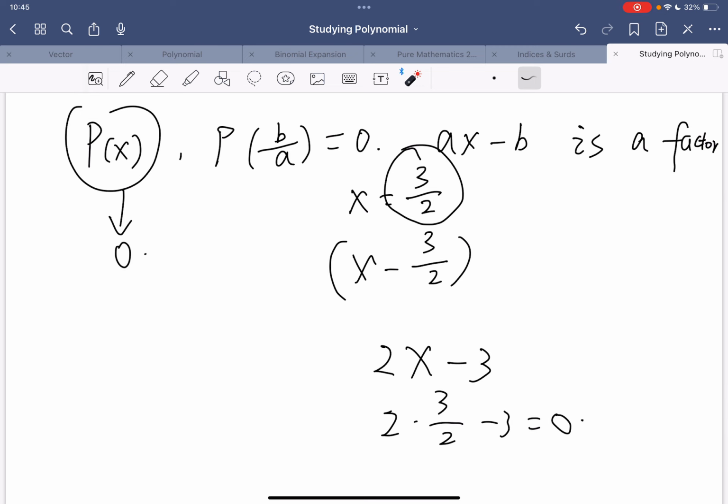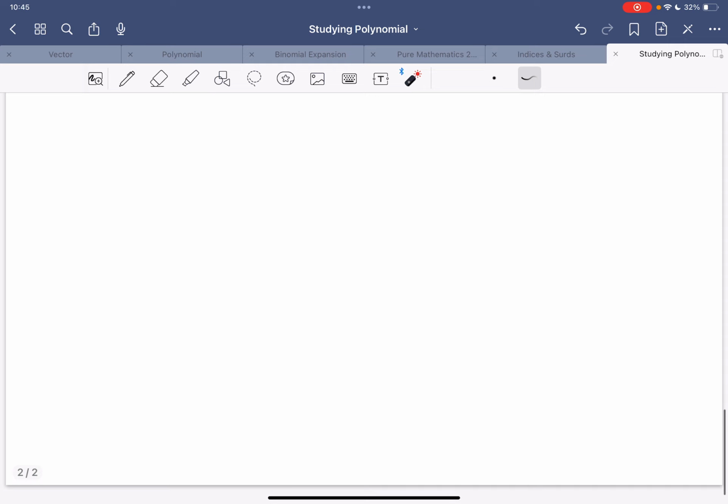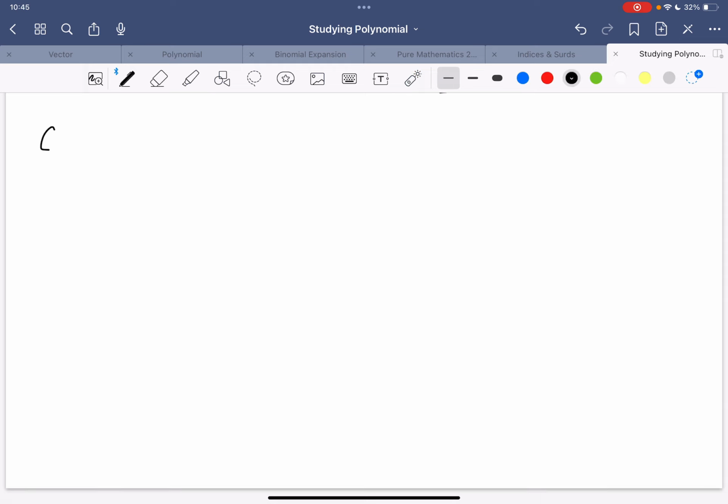And next, we should take a look at cubic expressions and equations. So how to solve cubic equations? For cubic equations, for example, f(x) equals x cubed minus 3x squared minus 13x plus 15.